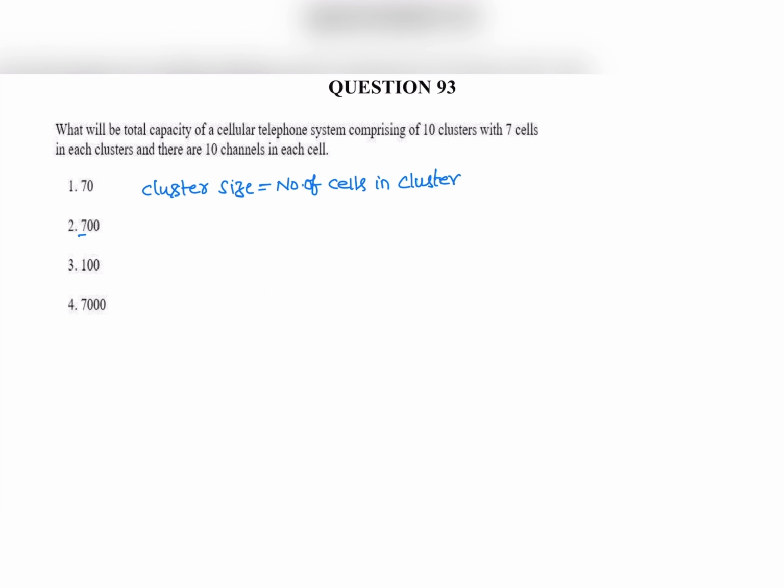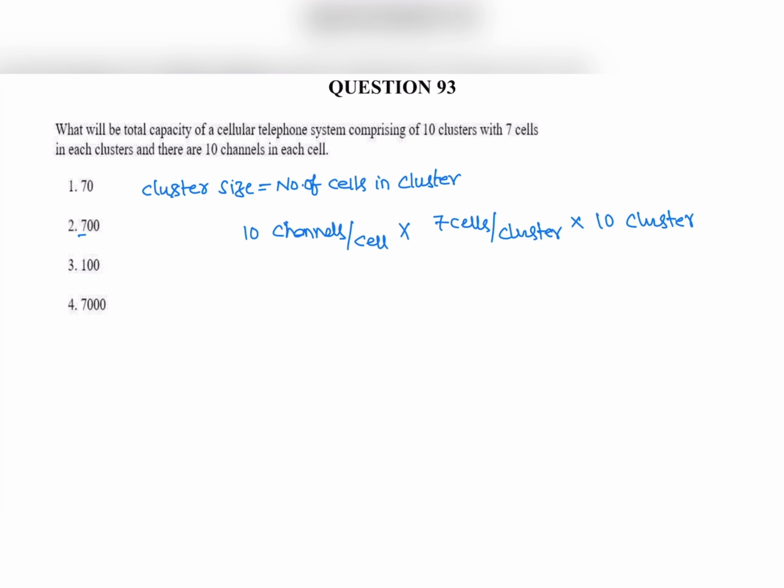Next question: the total capacity of a cellular telephone system comprising 10 clusters with 7 cells in each cluster and 10 channels per cell. We need to calculate the total capacity. There are 10 channels per cell, 7 cells per cluster, multiplied by 10 clusters.